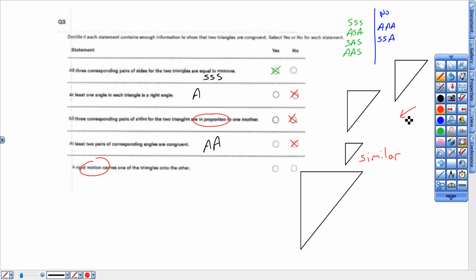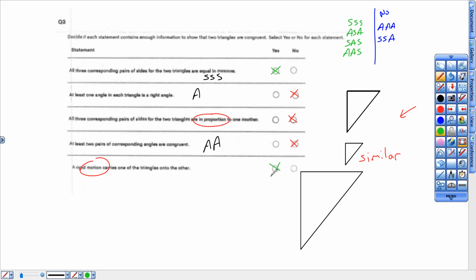In one slide, if I take that and move it on top of each other, that proves they're congruent. So when one rigid motion, like a slide or a reflect or a translate or a flip or a rotate, covers itself up, for sure that's enough to see if the triangles are congruent.